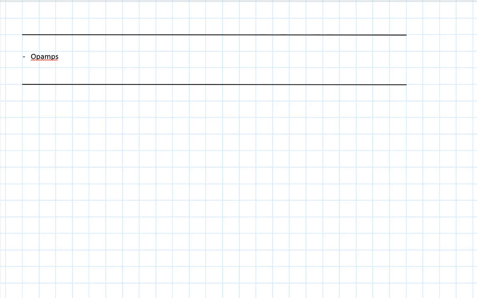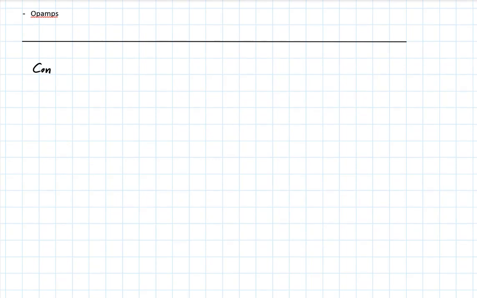Now I would like to start with a question that I asked you about last time and asked you to think about on your own. Let's see if we can gain some insight by looking into it. Let's consider this circuit, the simple inverting amplifier.